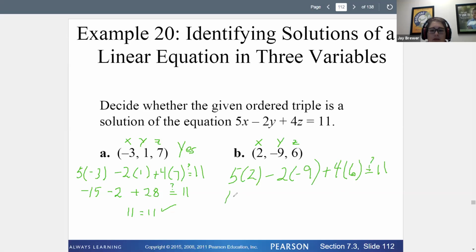Okay, so 10 plus 18 plus, what was that, 24. Now, before we even finish, do we have to finish? What do you notice? Those are all positive numbers, right? So you are not going to get to 11. So this is a no.